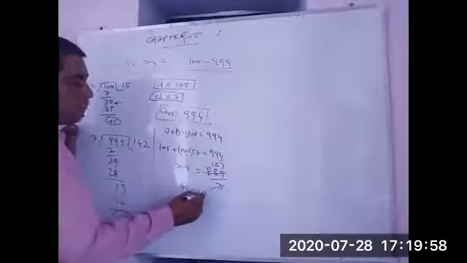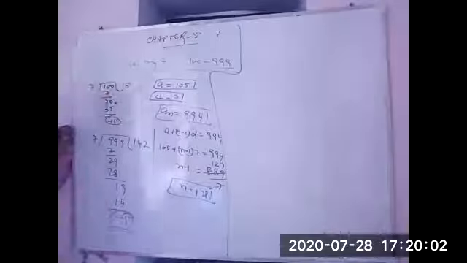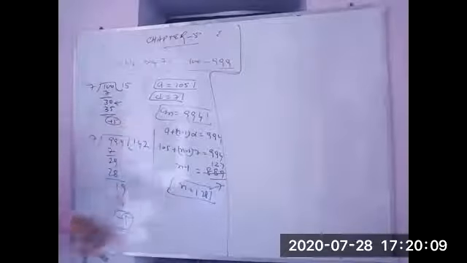So n value comes 128. So there are total 128 numbers which are divisible by 7. Okay, it will be easy to you now.